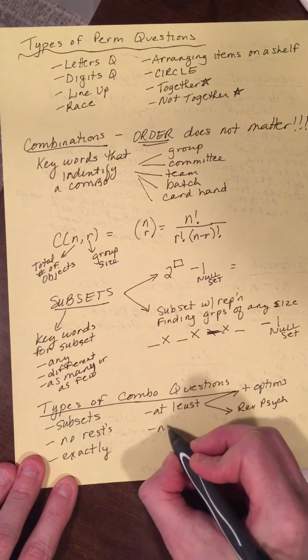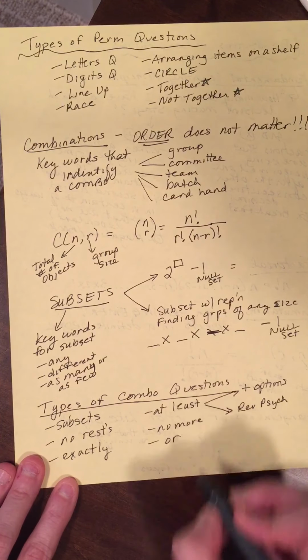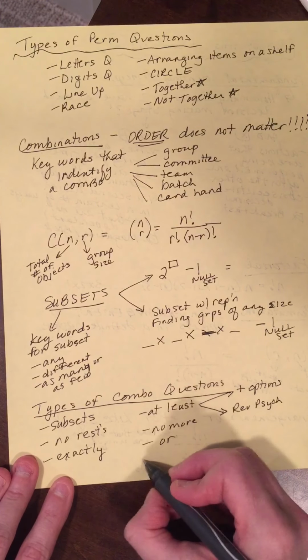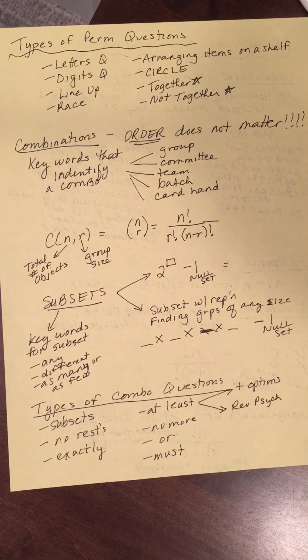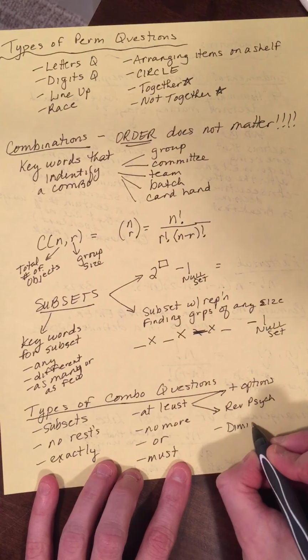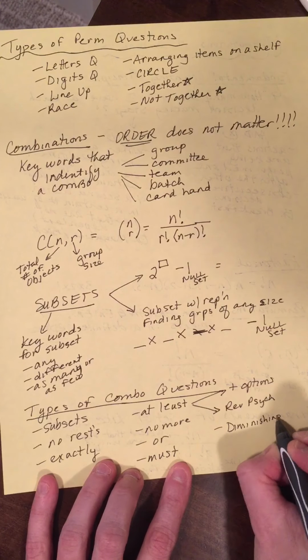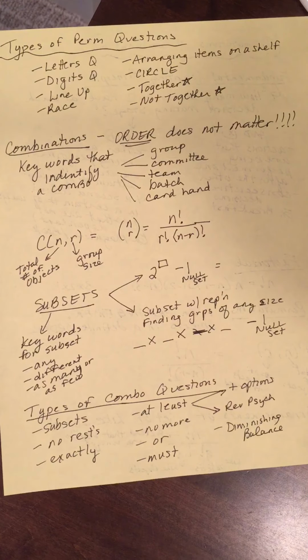No more than. Or. Must. These were all questions that you've seen in the or wording that you've seen in the homework questions and in the quiz questions. And then I guess the final type is that diminishing balance type of combination, and it's a bit different than most.